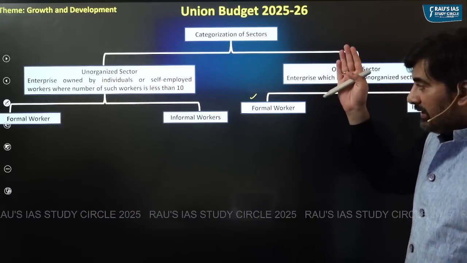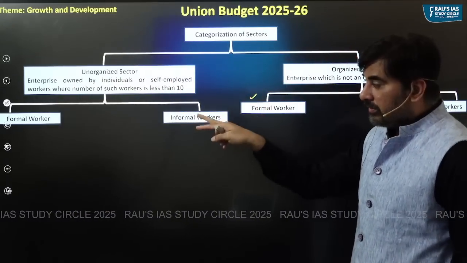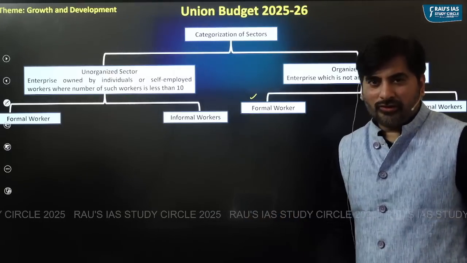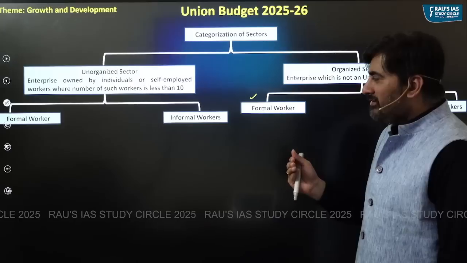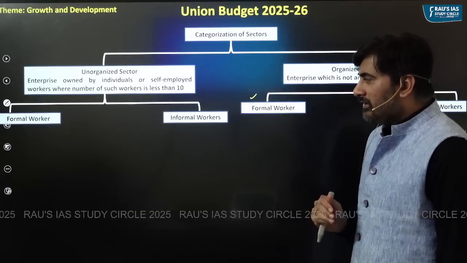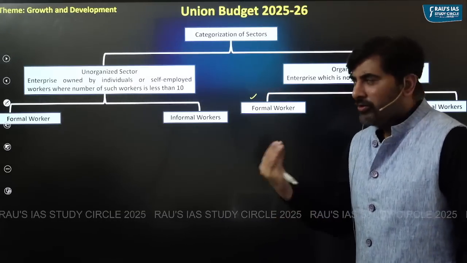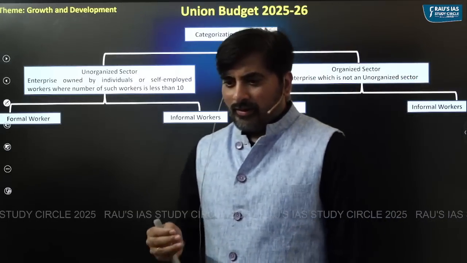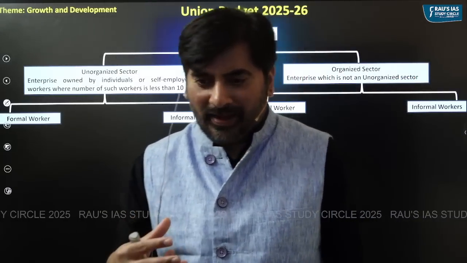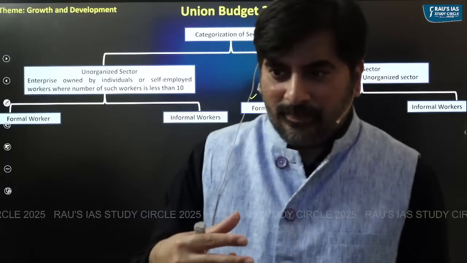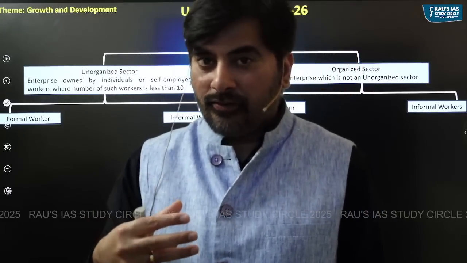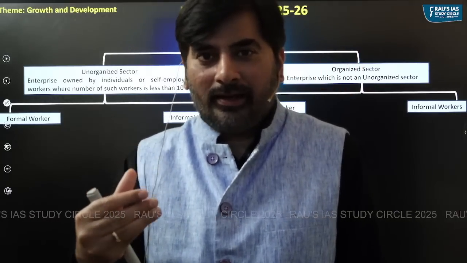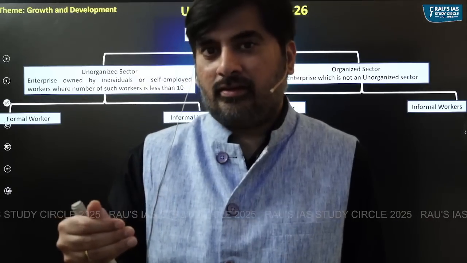So in the unorganized sector also we'll get formal workers and informal workers. I'm pretty sure most of you must be thinking that we understand informal workers in the unorganized sector, but how come we could have formal workers in the unorganized sector? So let's say there's an unorganized enterprise. This enterprise has less than 10 workers, but it could so happen that in that particular enterprise there could be a supervisor.